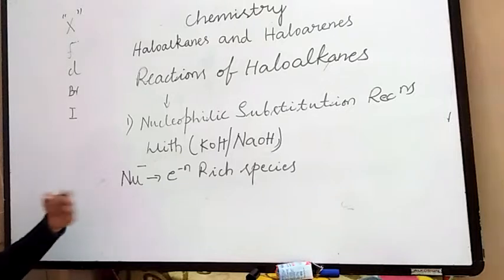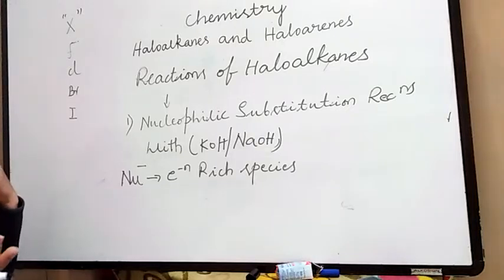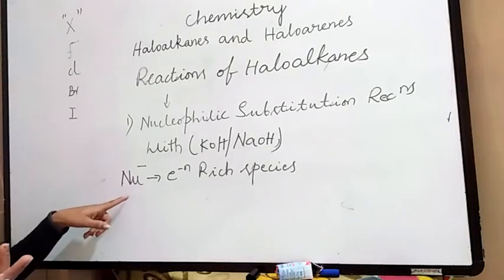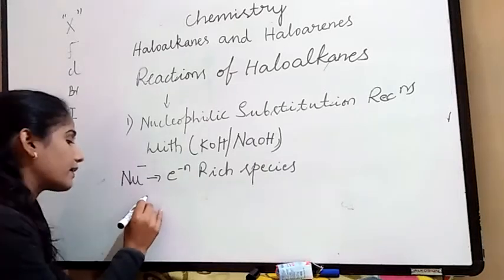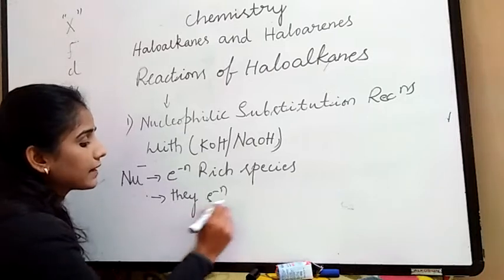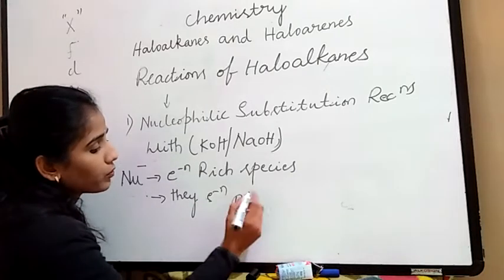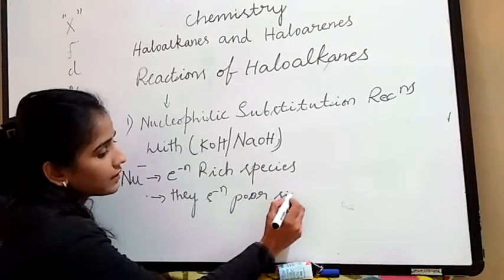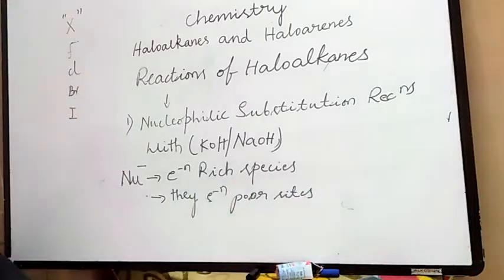Electron rich means the tendency to donate electrons is more. So they will react at electron poor sites like protons.